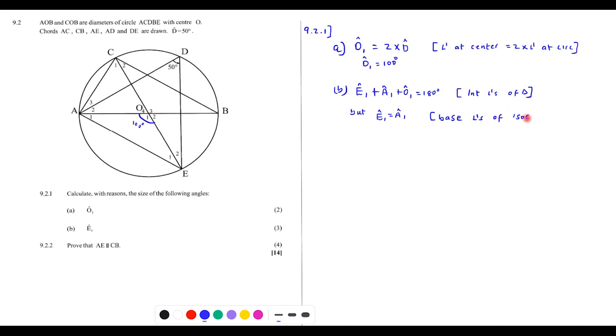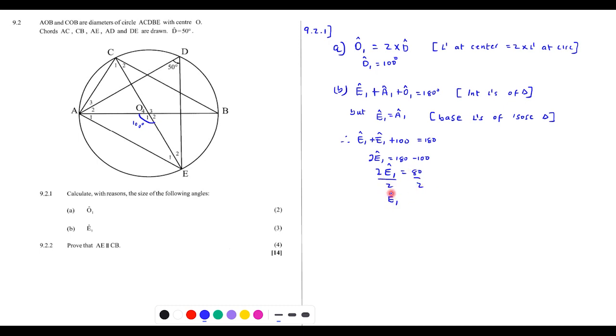And therefore we're going to keep E1, and then in A1 we're going to change it to E1, and then we know O1 is 100, then this is equal to 180. Then 2E1 is going to be 180 minus 100. 2E1 is 80, divide by 2 both sides, and therefore E1 is going to be equal to 40 degrees.